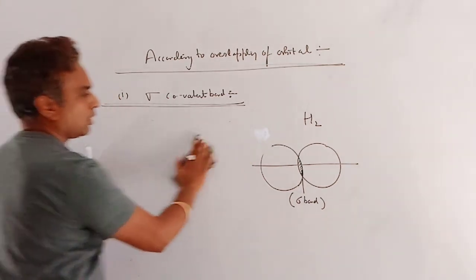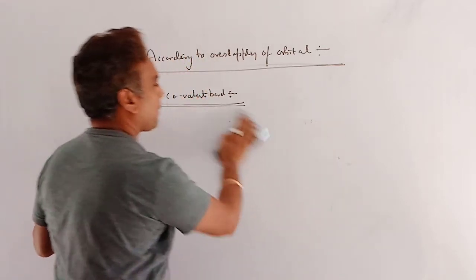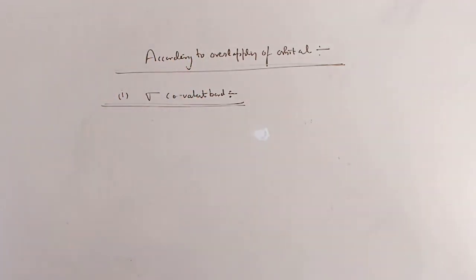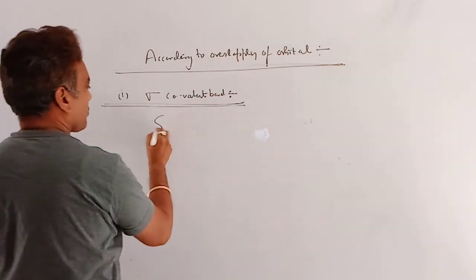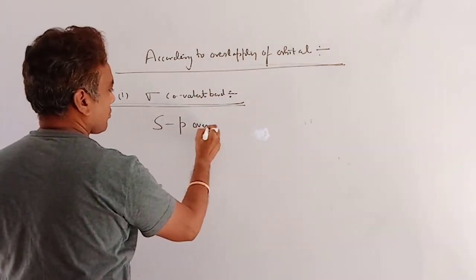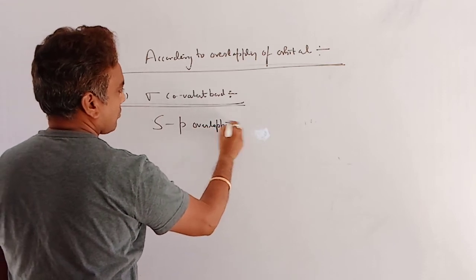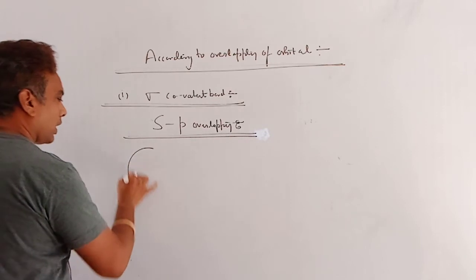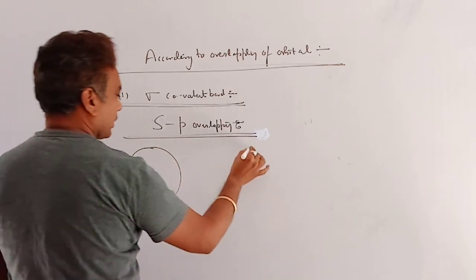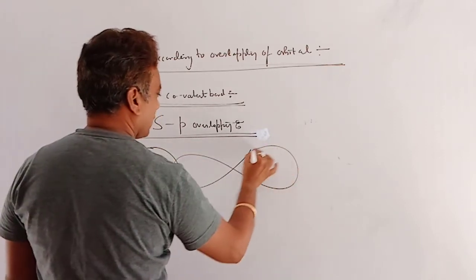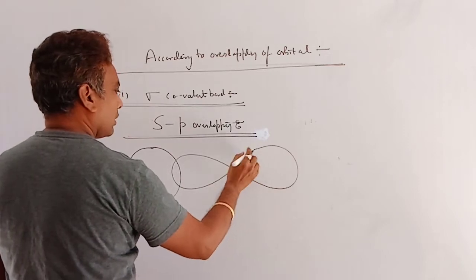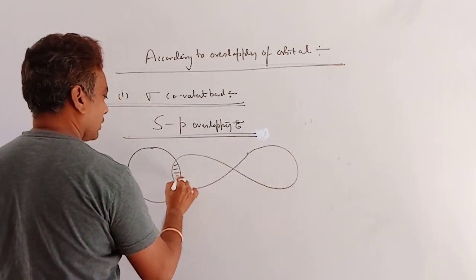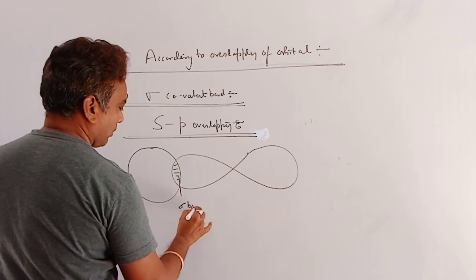Next, sp overlapping. One s orbital overlaps with another p orbital. So sigma bond is formed.